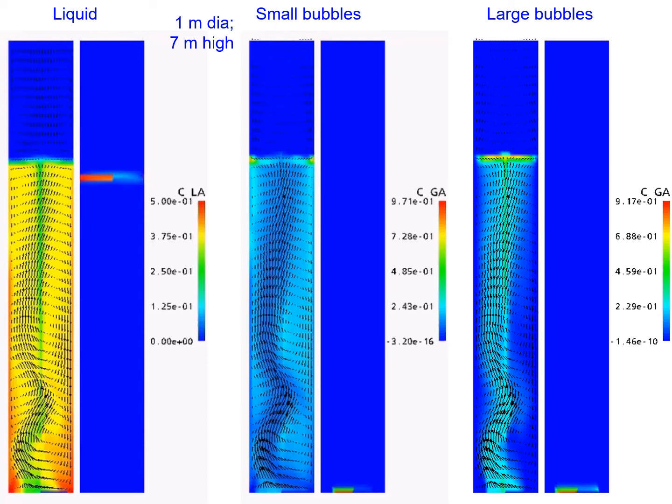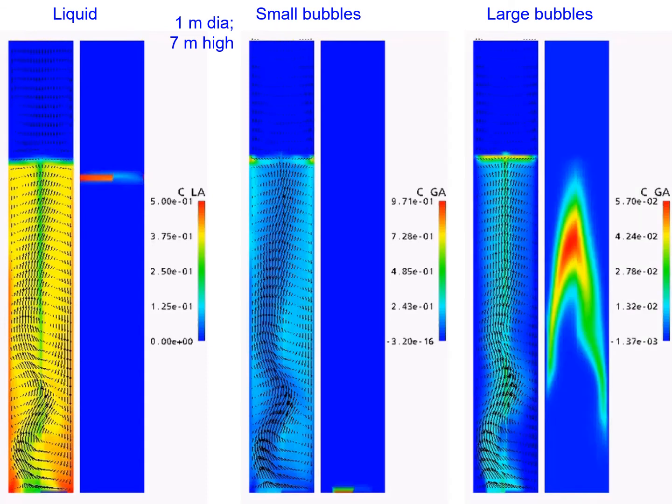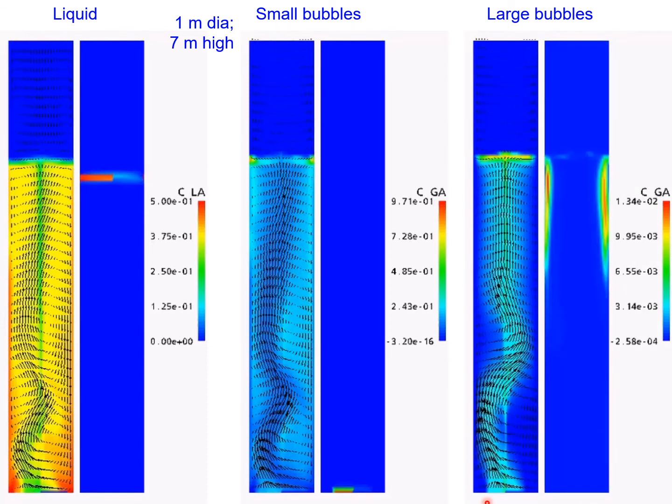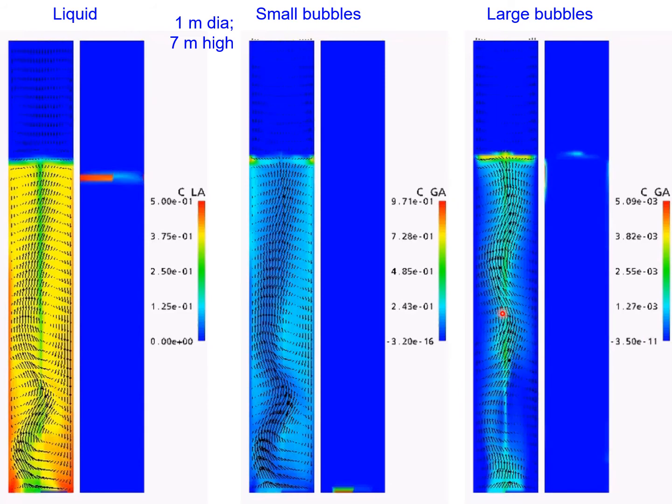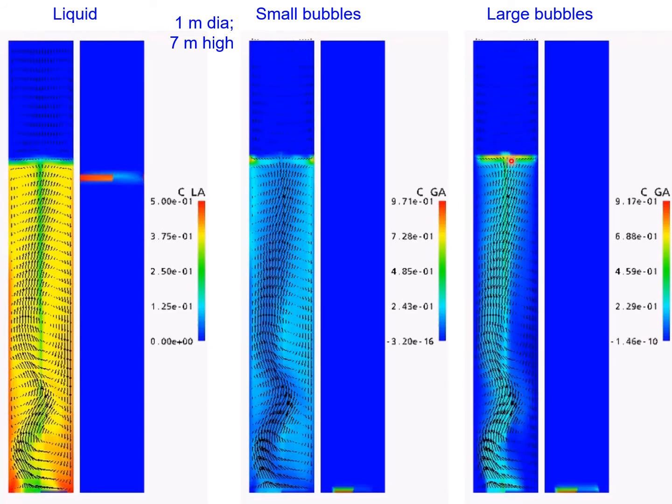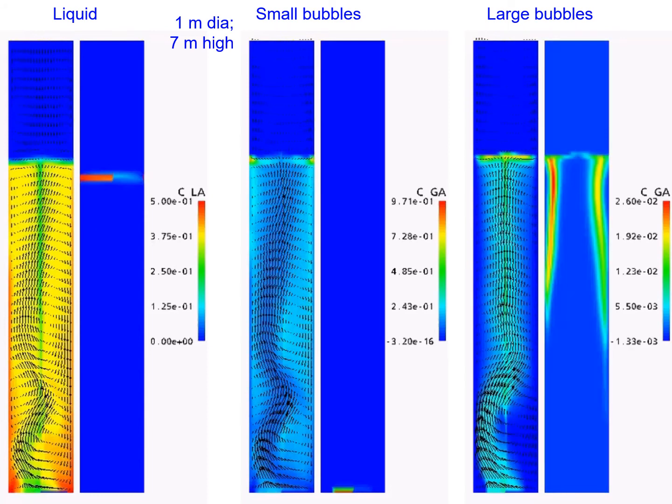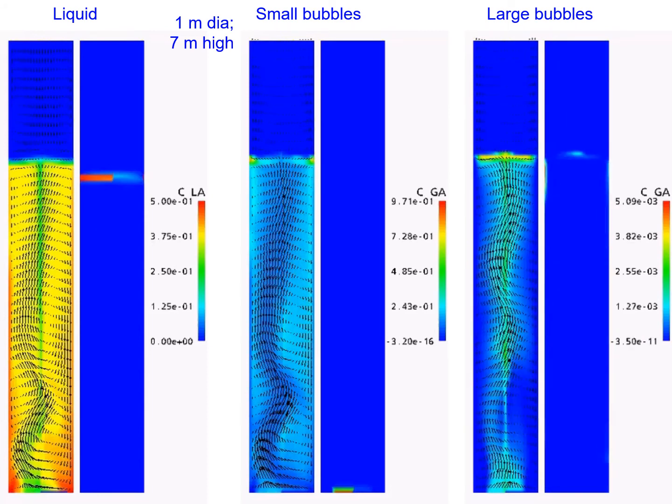We turn our attention to the large bubble phase. The motion of the large bubble phase is predominantly in the central core region, upwards through the central core region, and there is no downward motion of the large bubbles.